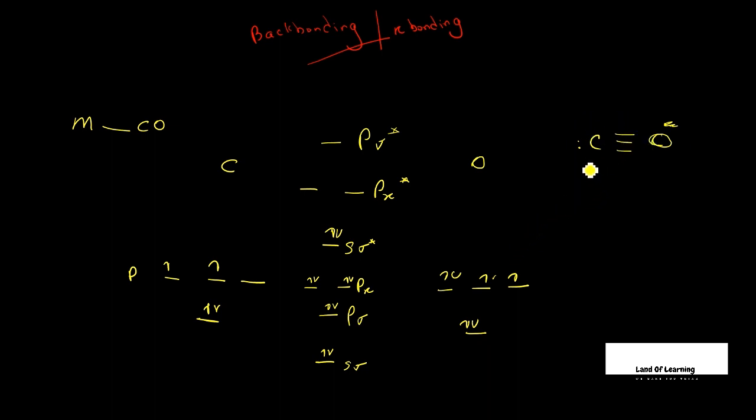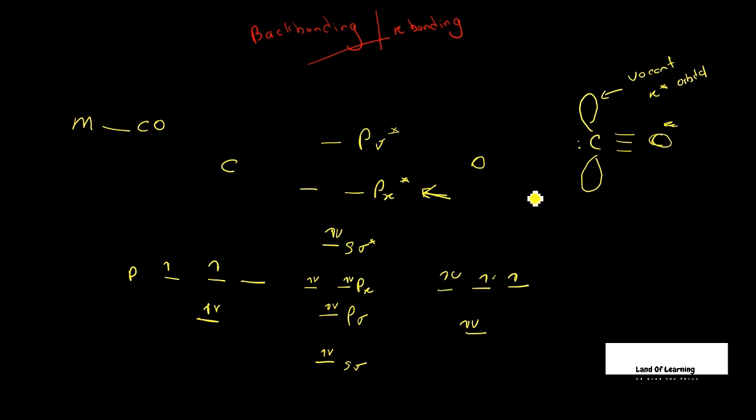Here's the thing. You can see there's an empty pi star orbital which is located just like this. This is vacant, right? This is a vacant pi star orbital, which we can show like this. This is very important when it comes to backbonding.